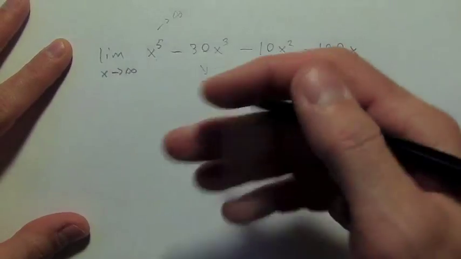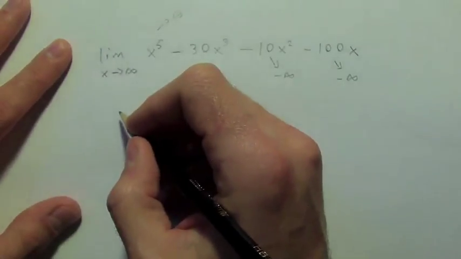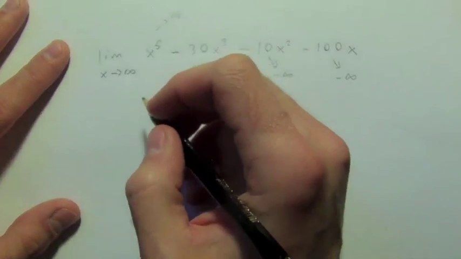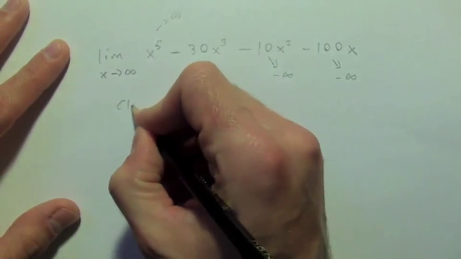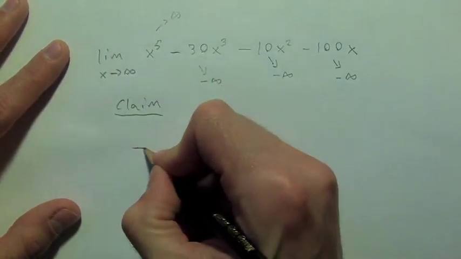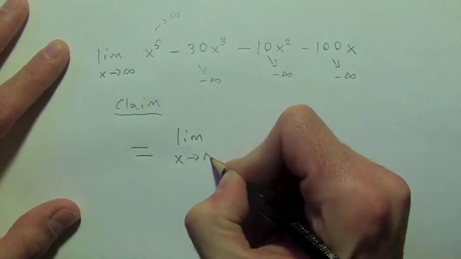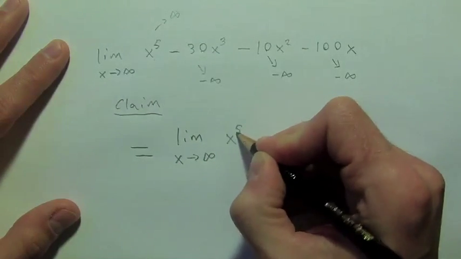What I'm going to say here, this is my claim or proposition, is that this thing is actually equal to the limit as x goes to infinity of x to the fifth.